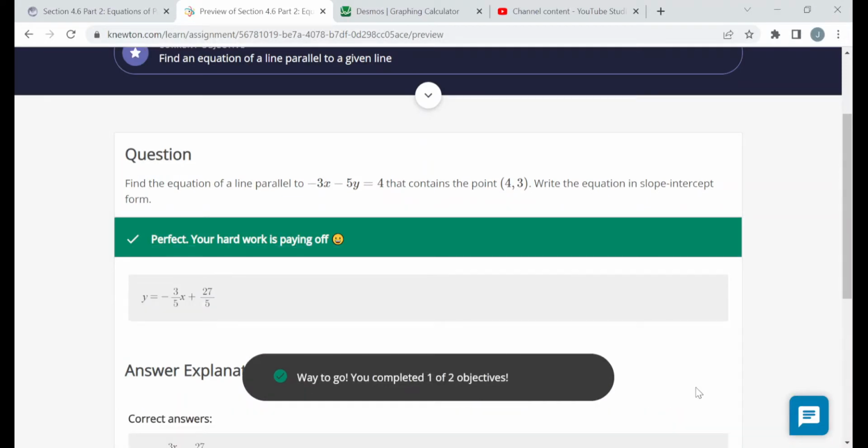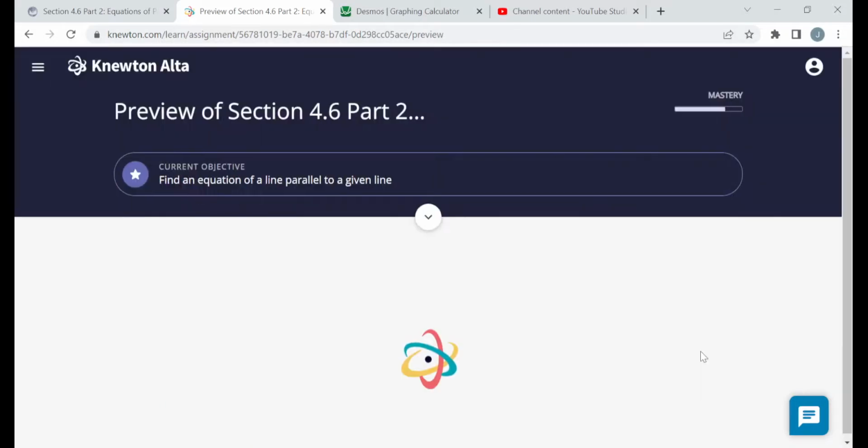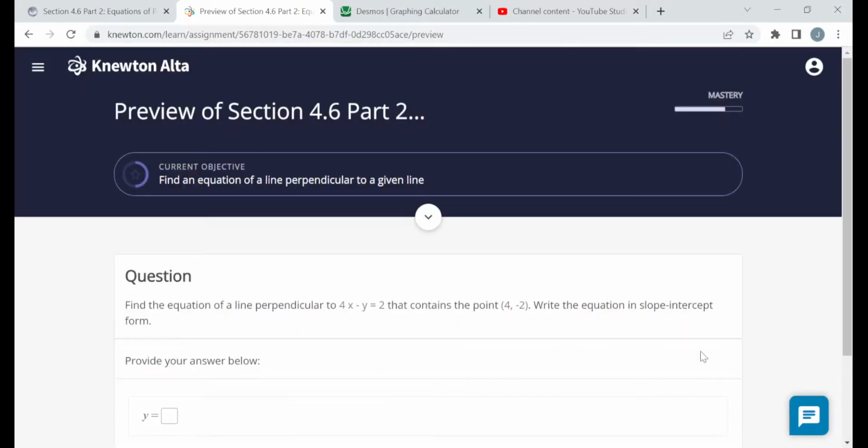Alright, and then we should go back to the perpendicular junk. Just remember that perpendicular lines have opposite reciprocal slopes. The product of their slopes should be -1. So same deal, but the word perpendicular is there.